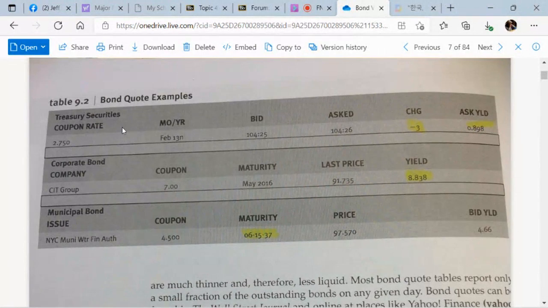Depending on the entity that sells the bond, there's Treasury and corporate bond and municipal bond, but also depending on the maturity. And I've been telling you, bond is the term that is reserved specifically for long-term bonds. Short-term bonds are not called bonds.